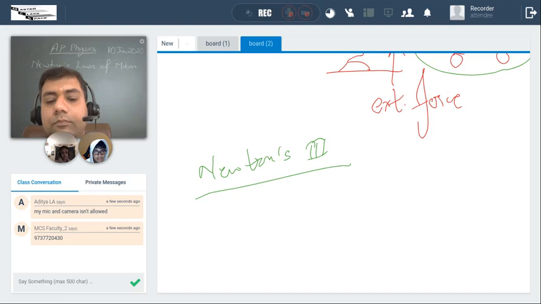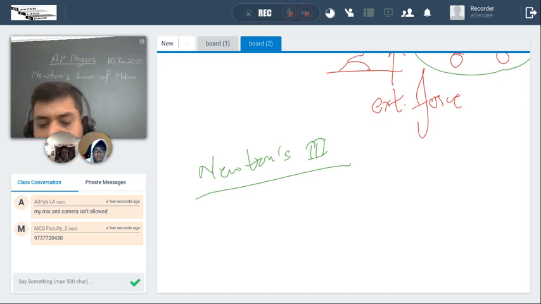That's an example of Newton's third law. There's an action-reaction pair, and these action-reaction pairs have to be the same type of force. For example, although normal force and gravitational force cancel out each other, they're not action-reaction pairs since they're not the same type of force.